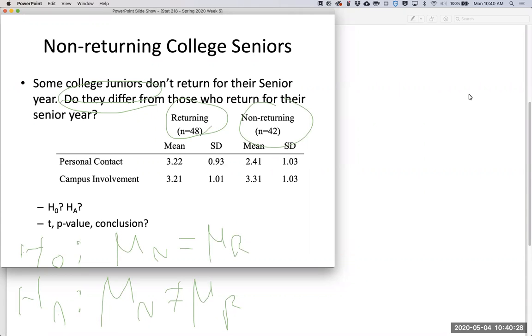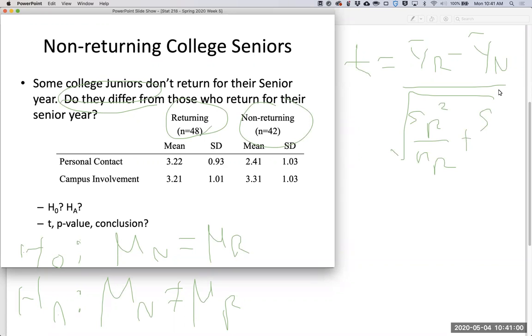My test statistic t is equal to y bar for the one group, and I'm going to go with always the larger sample mean first. Y bar for the returner students, r, minus y bar for the non-returning students, n, over then the standard error, which is the square root of s_r squared over n_r plus s_n squared over n_n.